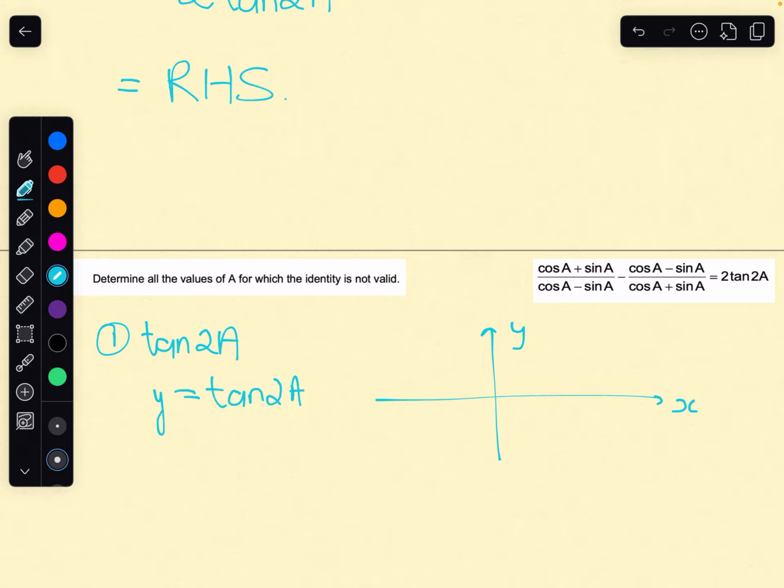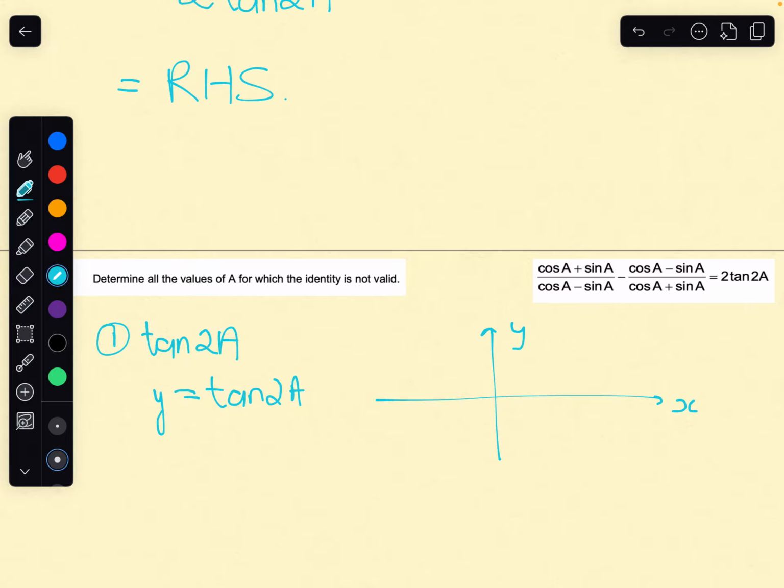So we know that for y is equal to tan a, the asymptotes are at 90, 270, and so on. You just keep adding 180 or subtracting 180. So for tan 2a, the period is half the normal period. The period is not 180 anymore, it's 90, and the graph looks like a squished version of the original.